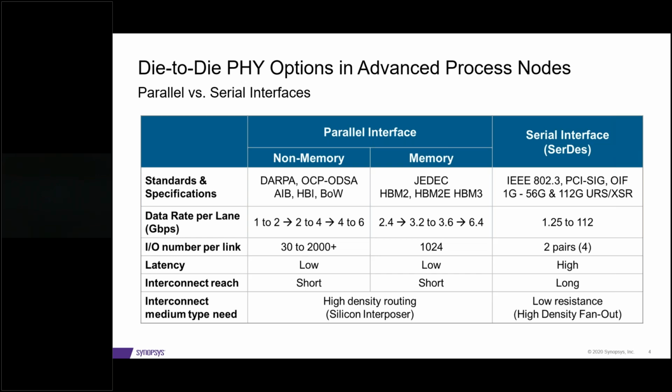So yes, it's really the full range of going anywhere from 1 gig to 50s and 100s. By no means am I focusing on the higher speed ones, but in general, going back to what I was trying to explain, because of the number of interconnects that the parallel interface requires, it would drive a need for a much denser capability in terms of routability.